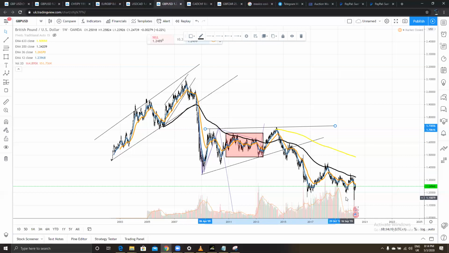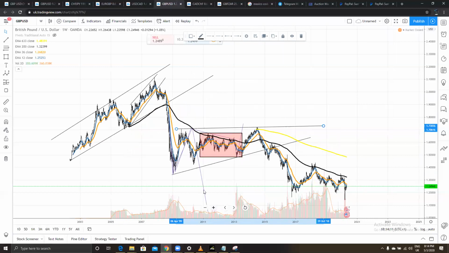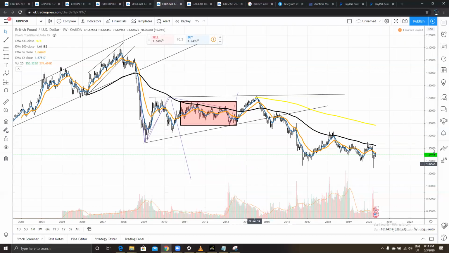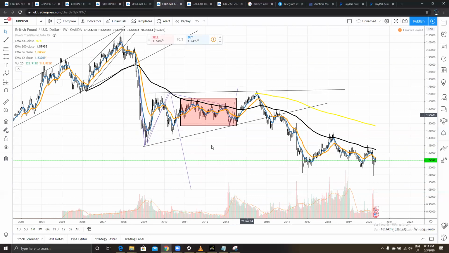So the behavior of the EMAs in a correction is completely different to the behavior of the EMAs when we are in a trending market. When we are in a correction, the EMAs will tend to be overlapping one another like this, okay?